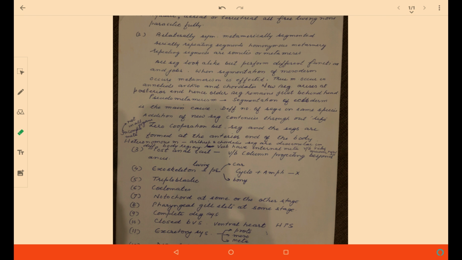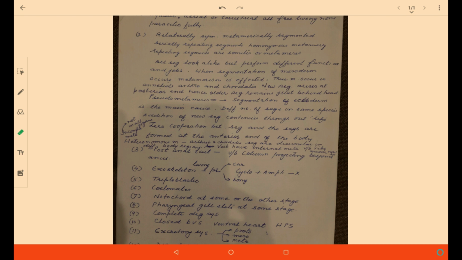In pseudometamerism, segmentation of ectoderm is there, and different number of segments are there in same species, whereas in true metamerism, all the members of a species, they have invariably same number of segments.